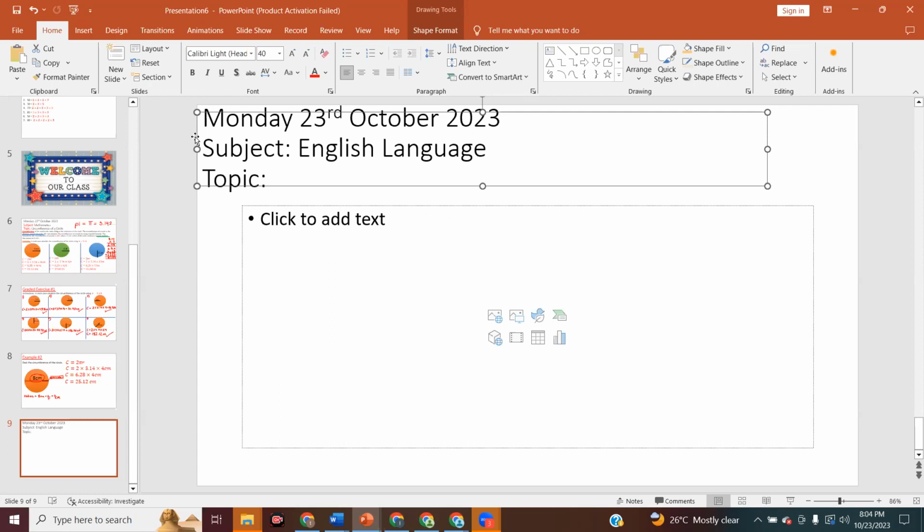To, very good. We always put to in front of infinitives. But infinitive is the unconjugated form of the verb, like to sleep, to eat, to run. So those are infinitives. Today we're going to be looking at a very important topic.